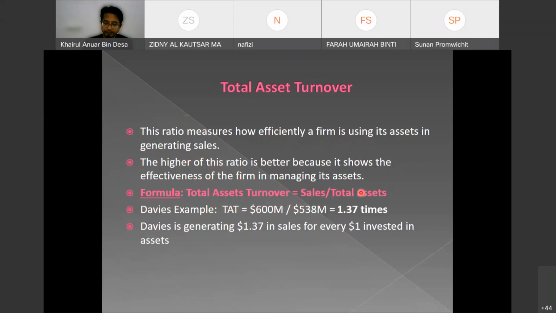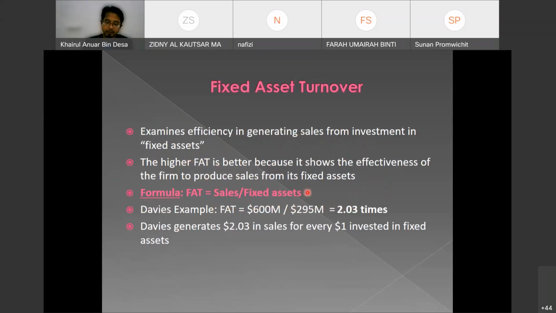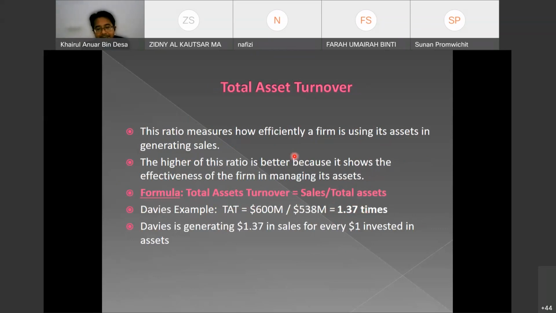So kalau you tengok tadi, kalau kita ambil fixed asset saja, 2.3 time. Tapi kalau kita combine fixed asset and current asset, which means total asset, the number here now drop only 1.37 time.